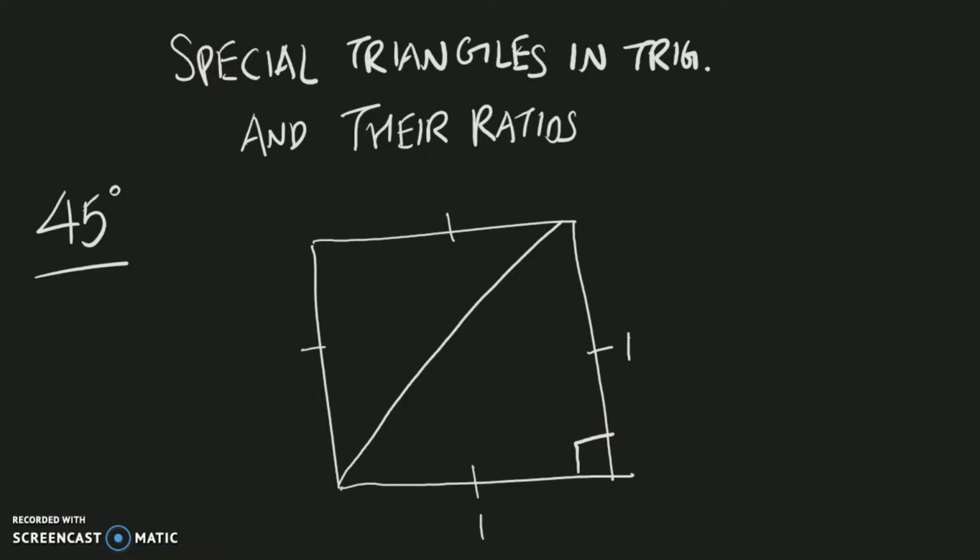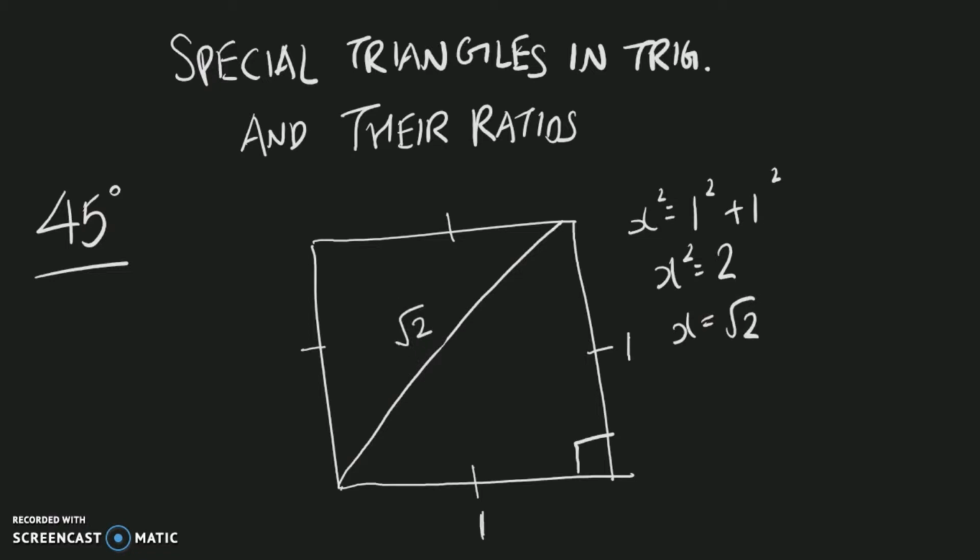Since the ratio of these two sides is 1 to 1, we can treat this as the hypotenuse. To find the side x, x squared is equal to 1 squared plus 1 squared. x squared is equal to 2, so x equals the square root of 2.